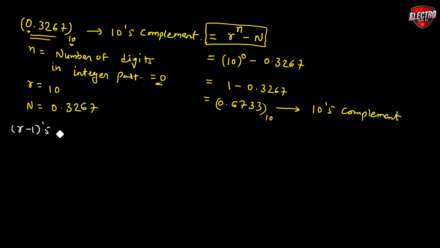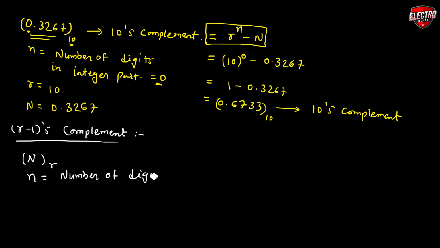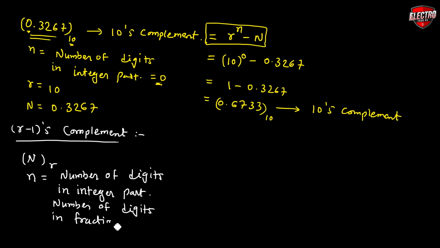R minus 1's complement. Now the given positive number is N. For example, the given positive number N with base of R, and the number of digits in the integer part is equal to n, and the number of digits in the fraction part is equal to, for example, m.